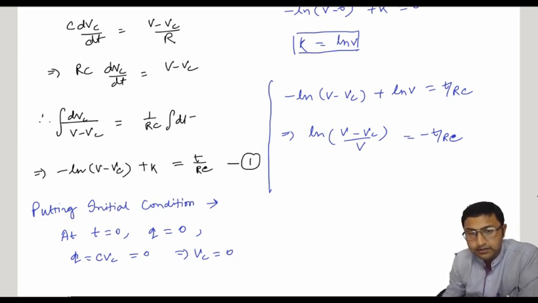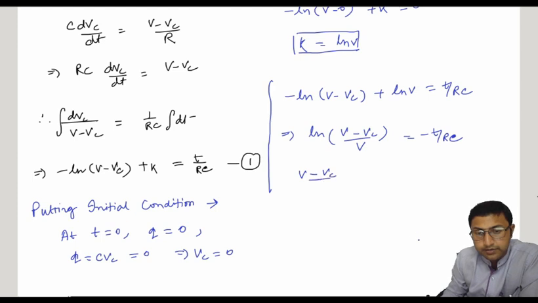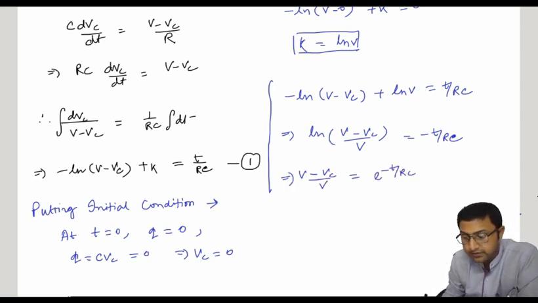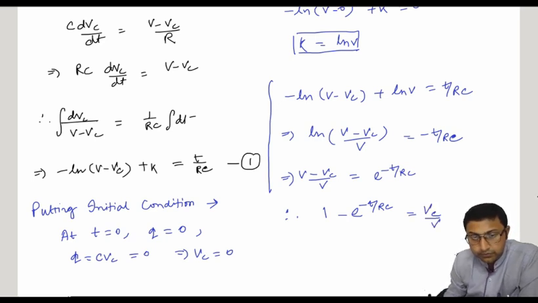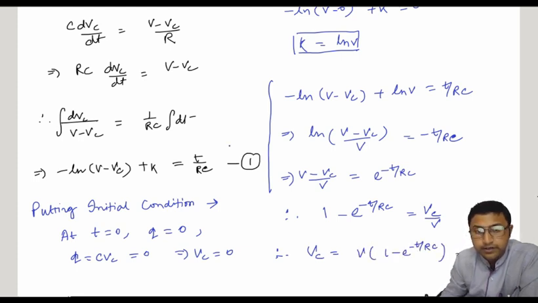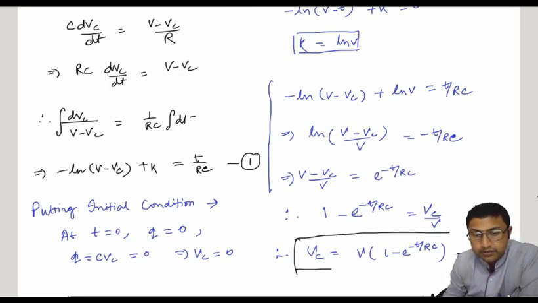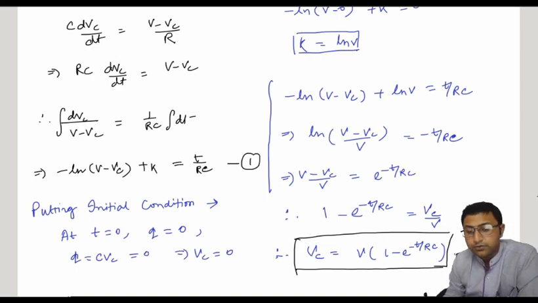So from that we can write v minus vc by v is equal to e to the power minus t by rc. Okay, so we can write 1 minus e to the power minus t by rc equal to vc by v. So from here the final equation of capacitor voltage is v into 1 minus e to the power minus t by rc. So this is mainly the voltage across the capacitance during the switch on.